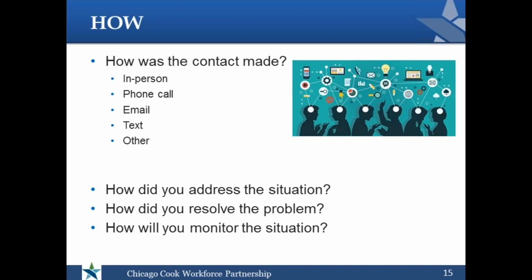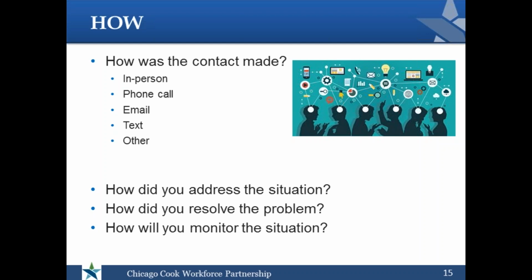The other thing is, how did you address the situation if there was something preventing the customer from calling you, or any barriers that might be happening? How did you resolve a problem they might be having? And how will you monitor the situation? Monitoring is very important.